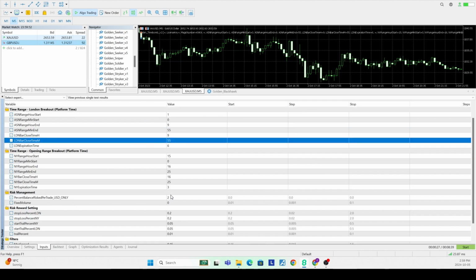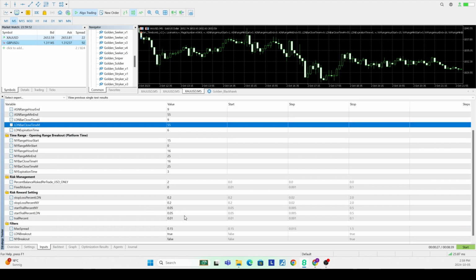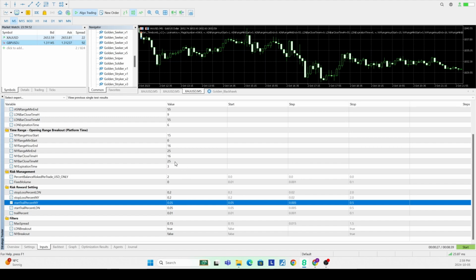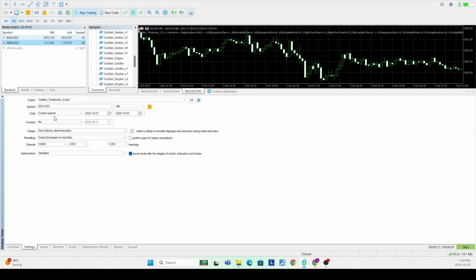We are also going to be using a scalping ratio to stop loss and start of trail, which is effectively a take profit. So this will be a London breakout specifically running with scalping, take profit, and stop loss parameters. We will also be using every tick based on real ticks from the broker to assure good history quality.